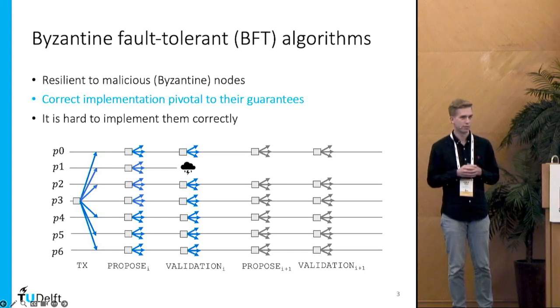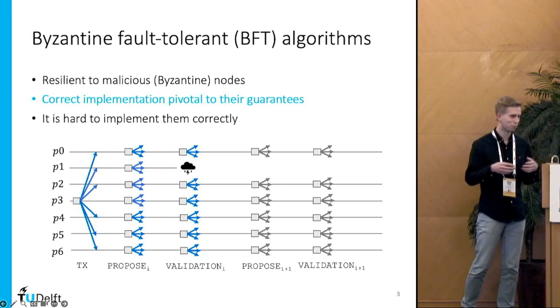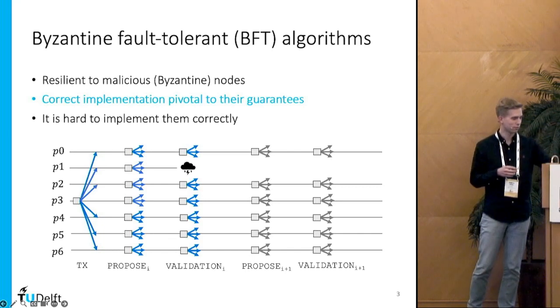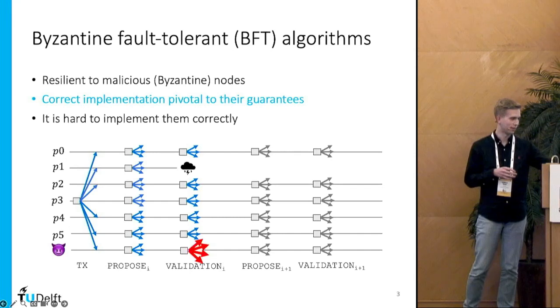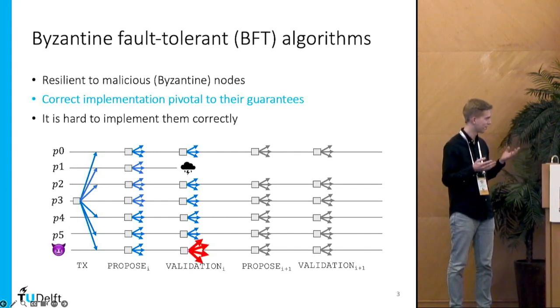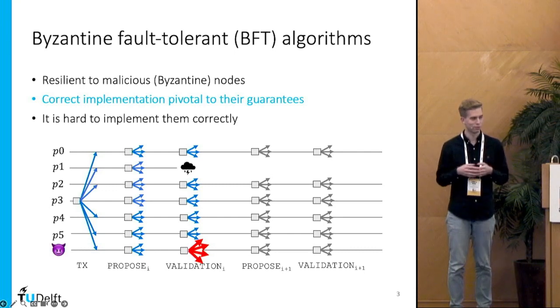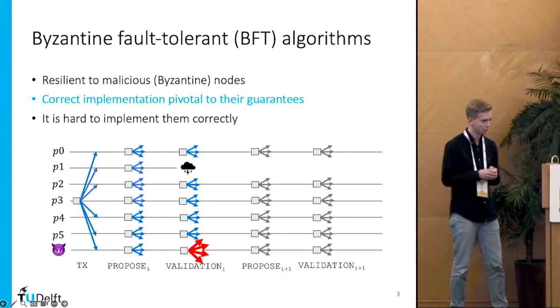Since this is a Byzantine fault-tolerant consensus algorithm, it is also resilient to Byzantine faults. So let's imagine that P6 turns evil and sends a malicious validation. Then you can see again that the rest of the cluster, all of the honest nodes, continue to correctly operate, and the protocol makes progress.